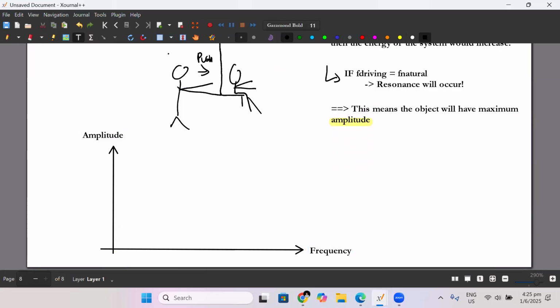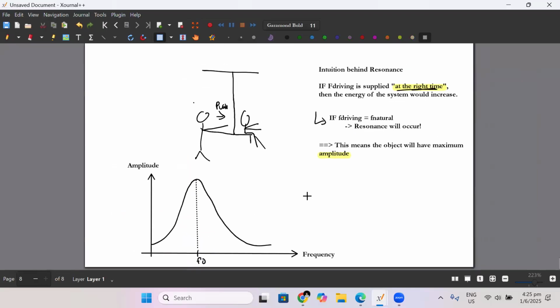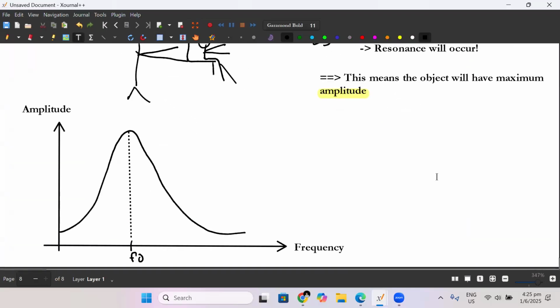You just need to remember at the natural frequency, we'll call this F naught, you end up with this. Okay, I'll be neater about this. There we go. Nice. So this is resonance.